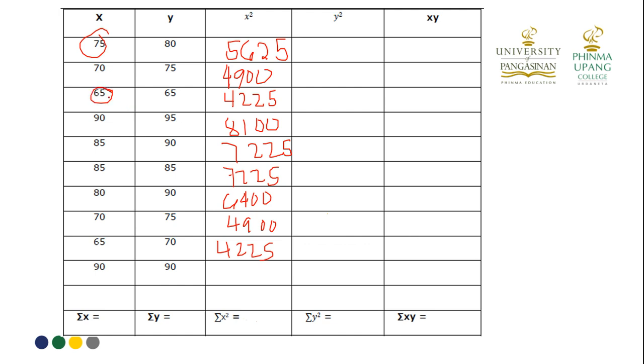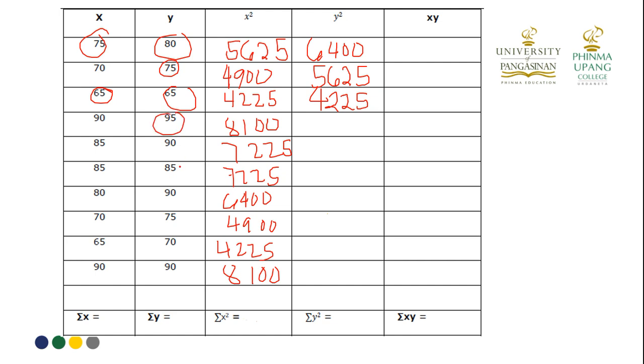Next is 90, naulit na at 8100. 80, naulit na yan, 6400. 75, naulit na rin, 5625. 65, 4225.